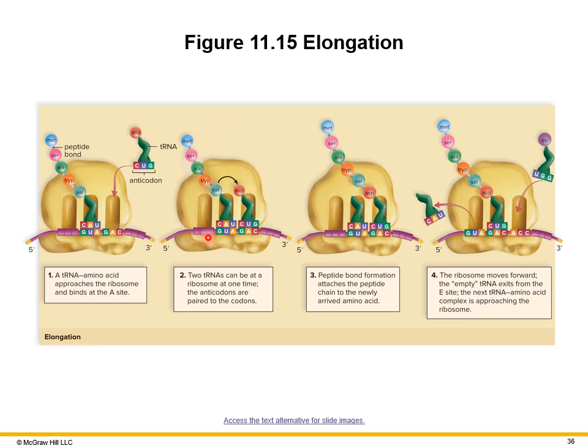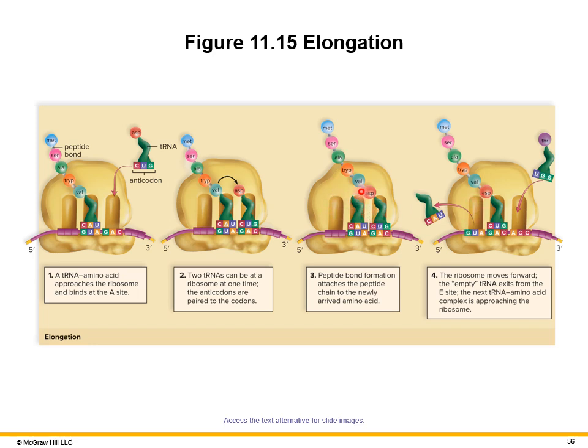So if we look at step 2, after the new tRNA comes in, the peptide chain is going to transfer to the new amino acid. And as we can see, that creates a longer amino acid here. The tRNA in the P site no longer has anything attached to it, and therefore it's kicked out when it reaches the E site, the exit site.